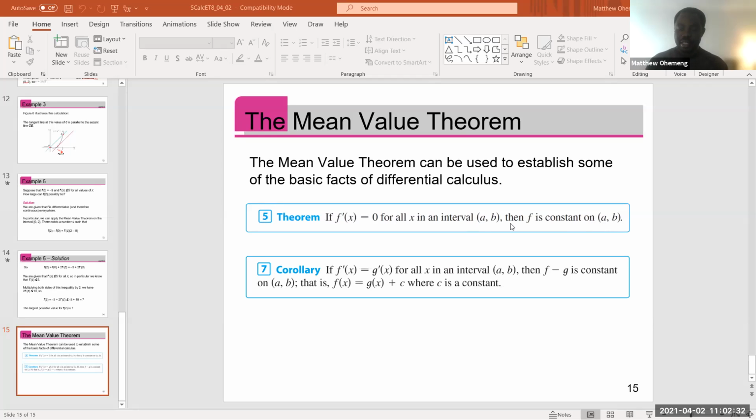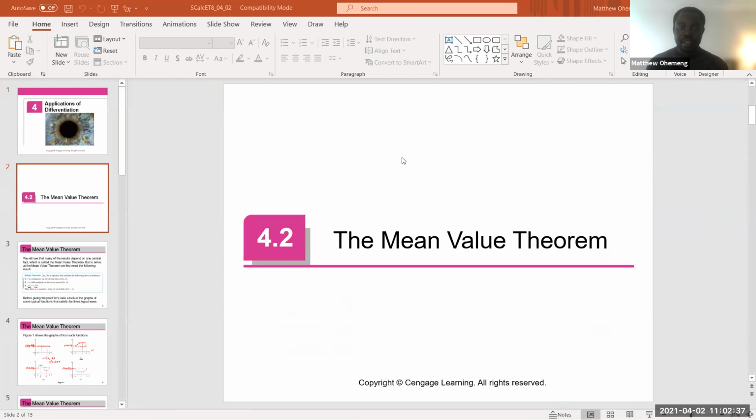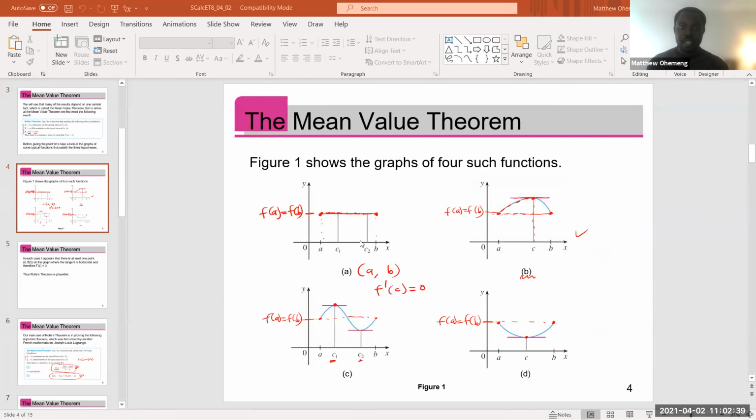You can easily see the application of this theorem by going back to the first slide, the first set of examples, the graphs. Looking at graph A, we said that at every point in the interval a to b, there is a c, infinitely many c's, such that the derivative, or the slope of the tangent line, is equal to the slope of the secant line joining the endpoints.